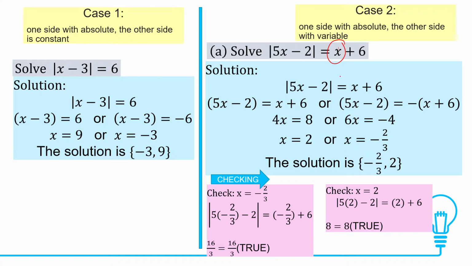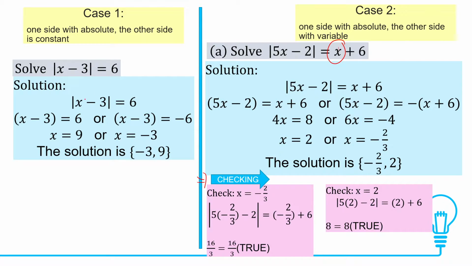The only difference is that for the second case, we need to do the checking. For other cases, no need to do checking. As long as you have the absolute and the other side of the equation has a variable, you need to do the checking.